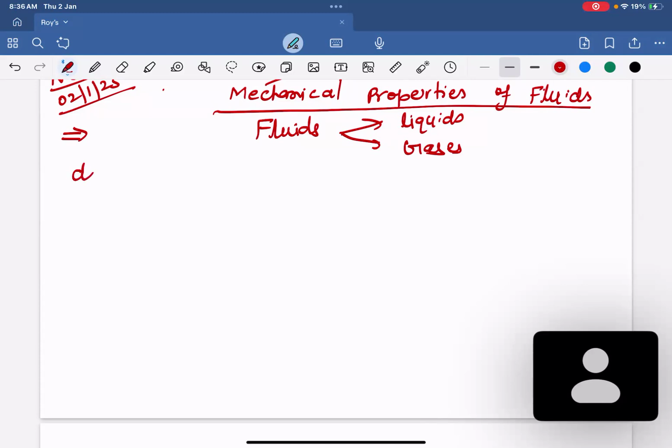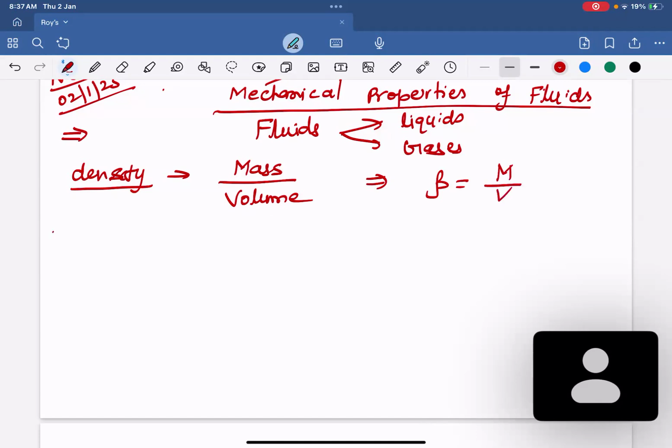One property we call density. Density we write as the mass per unit volume. Density is mass by volume.